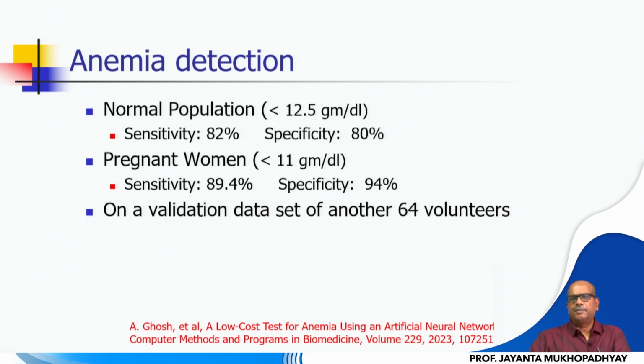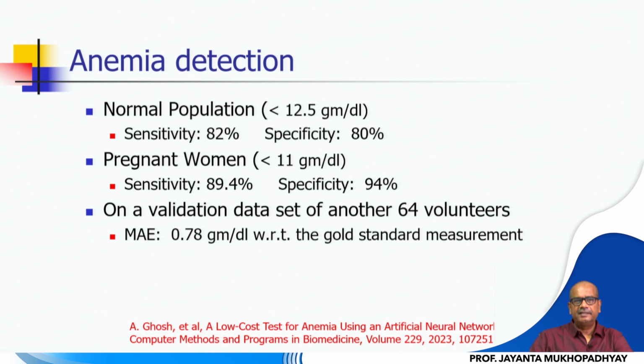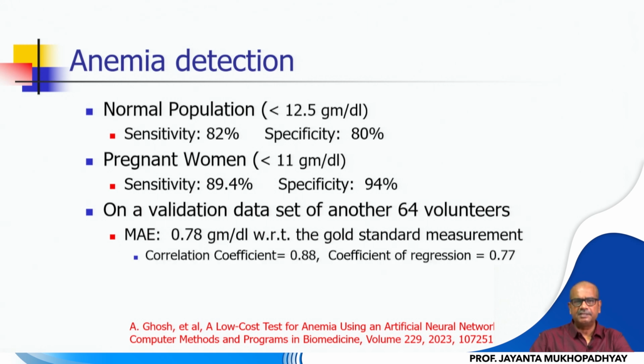Further, we validated this on new data of 64 volunteers, using the same technique. But of course, for validation also we required the ground truth. And there we found the mean absolute error is 0.78 gram per deciliter with respect to the gold standard measurement. The correlation coefficient is 0.88, and the regression is 0.77, lower than for the training samples and test data.